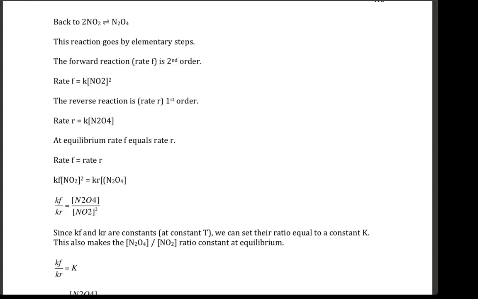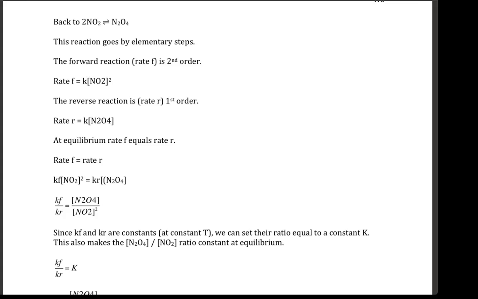So the rate law for the reverse reaction is rate equals the rate constant for the reverse reaction, Kr, times the N2O4 concentration. At equilibrium, the rate forward equals the rate reverse.